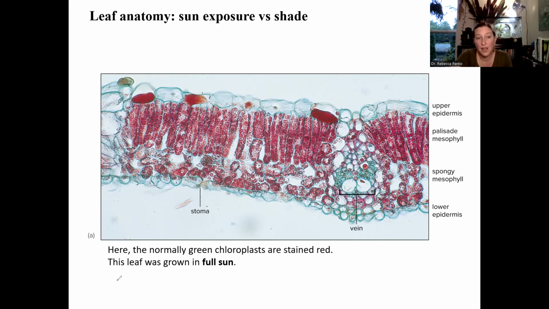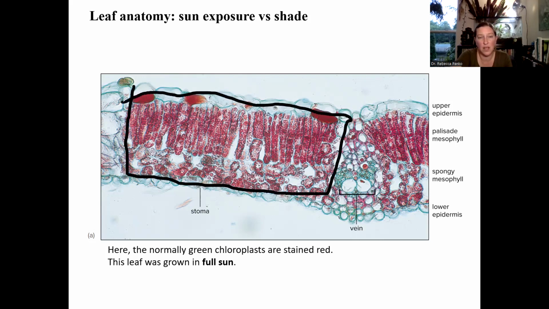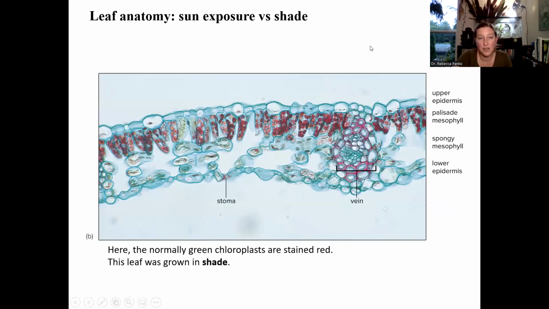But look, this leaf was grown in full sun. Look at how much mesophyll tissue there is, right? Versus this. This is a leaf from that same species, but this leaf was in the shade.